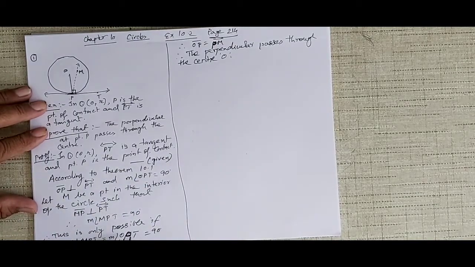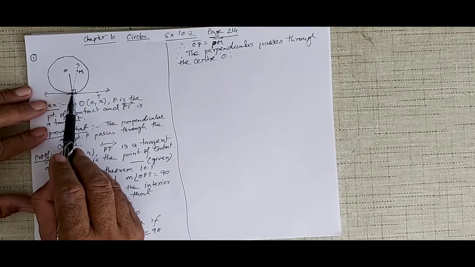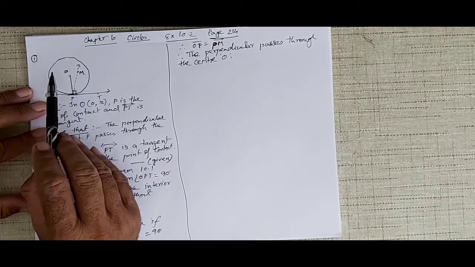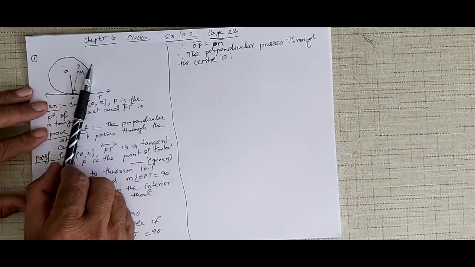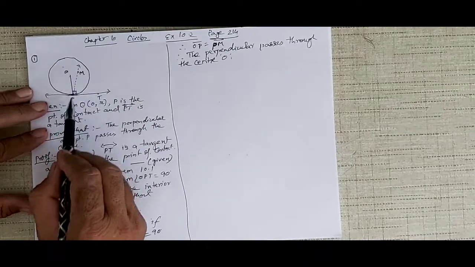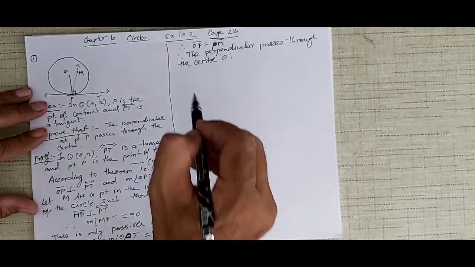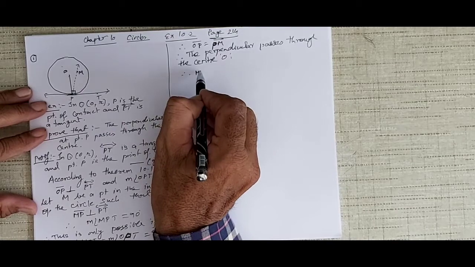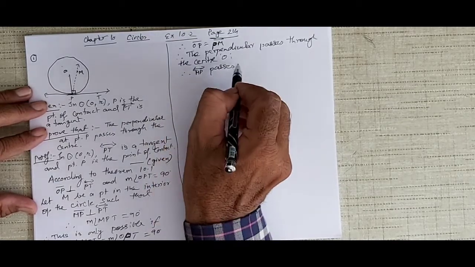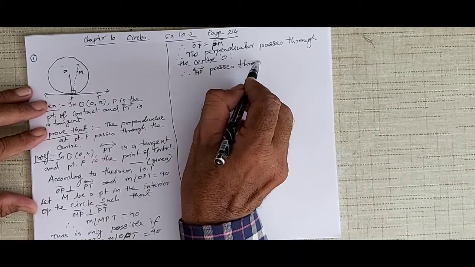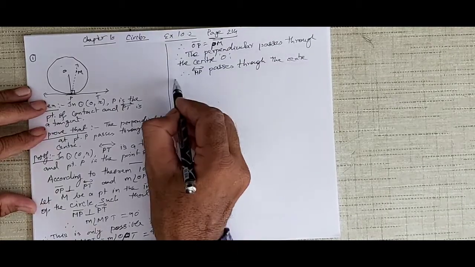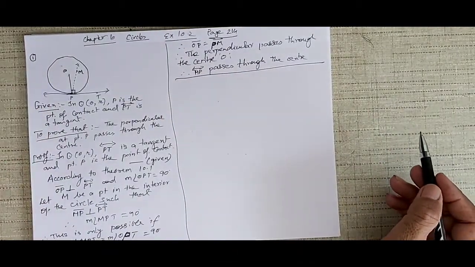Only then the two angles can be 90 degrees. You can't have two right angles out here. That is only possible if these two are the same. Therefore, line MP passes through the center. Okay, this is one proof which is important.